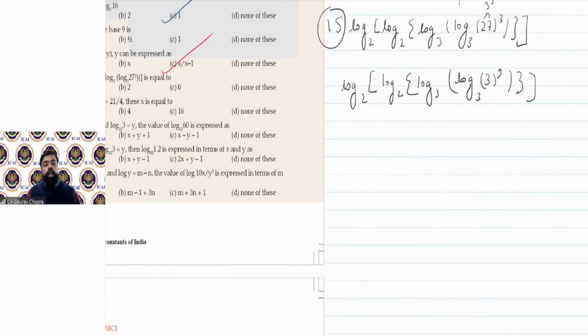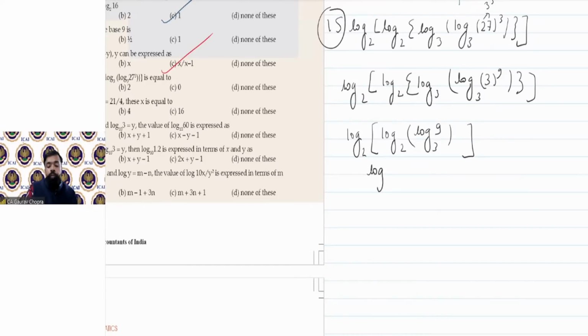Now again, what we can do is take the 9 forward. So log 9 base 3, then log base 2, and then log base 2. 9 will become 3 square, so you can write this as 3 square.